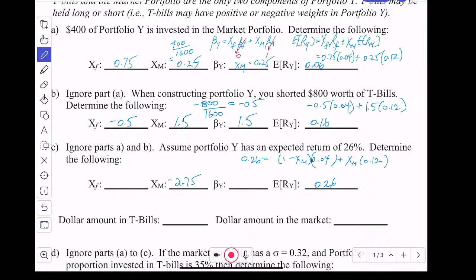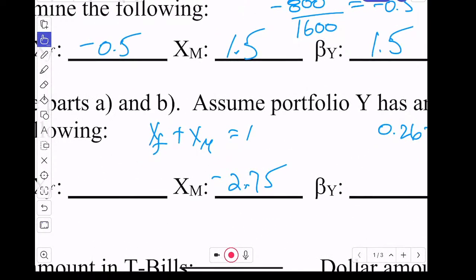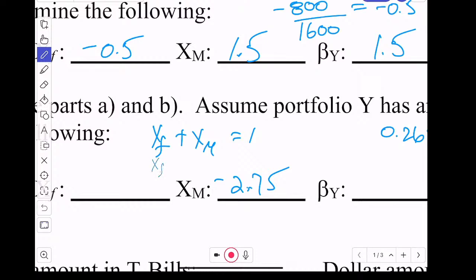So if this is 2.75 and the two weights have to make 1, then XF must be something. That looks sketchy here.